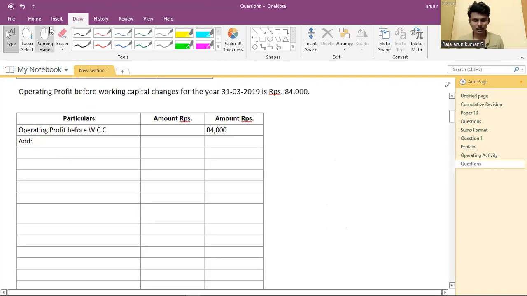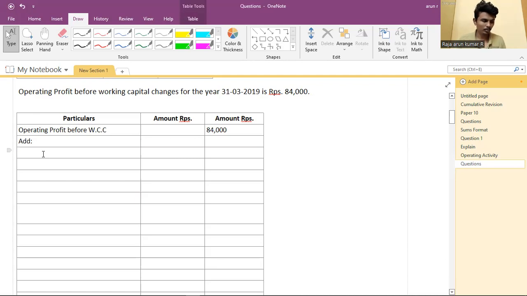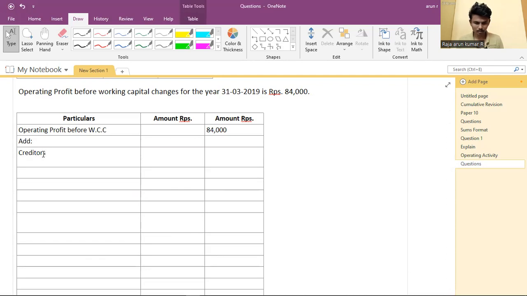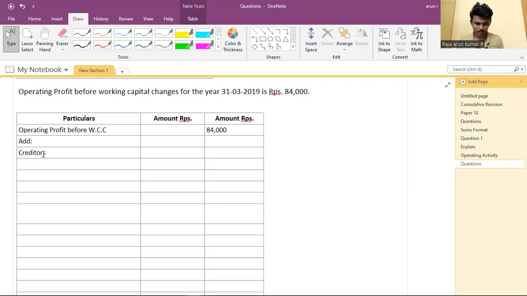Then come to the answer section. We go speedily. Creditors, then bills receivable, then bills payable. I hope you understand why I add it and why I less it.